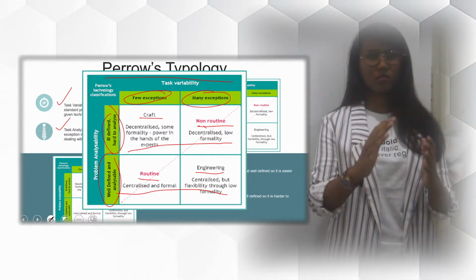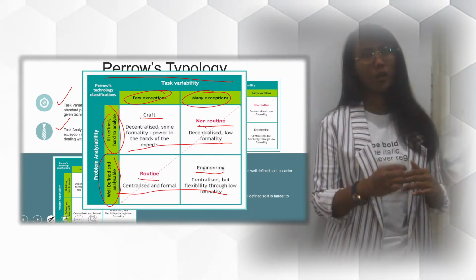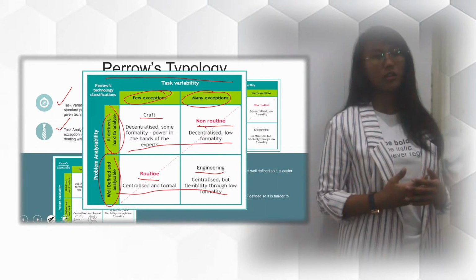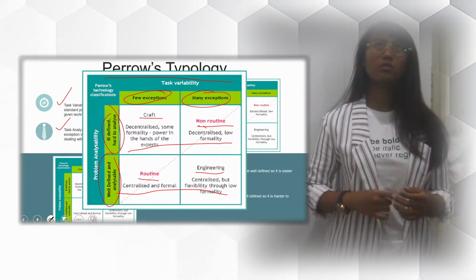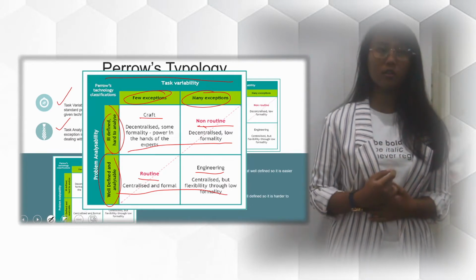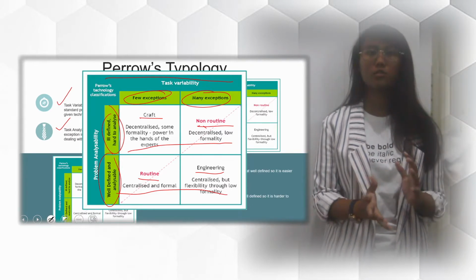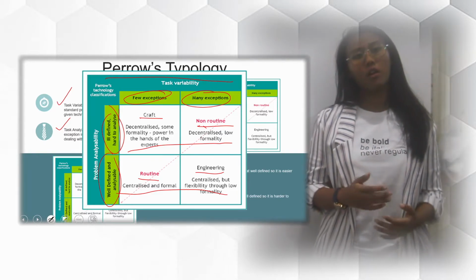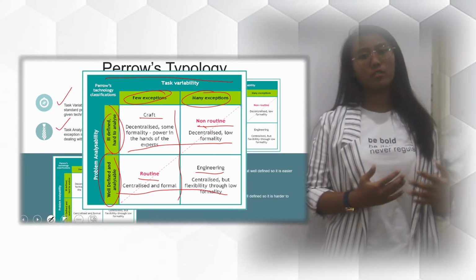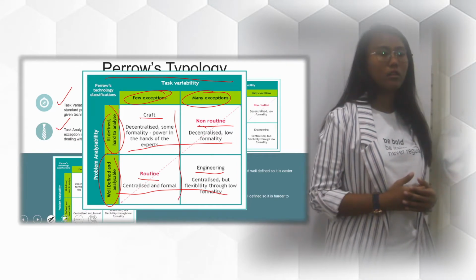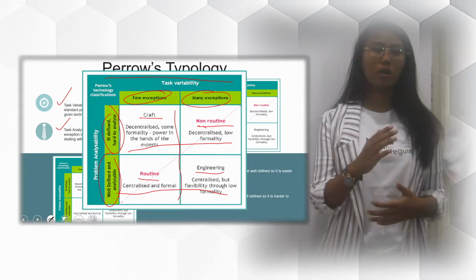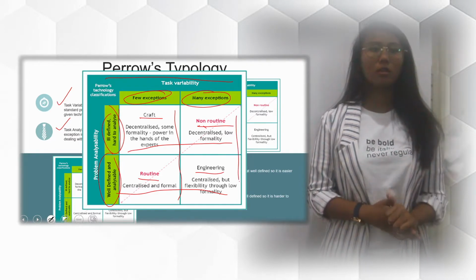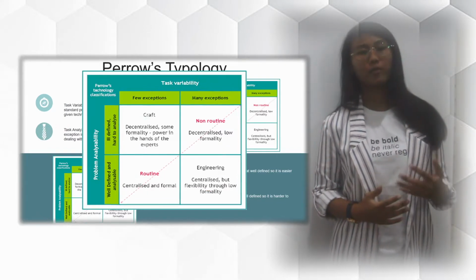So with routine and engineering, when they have a problem, they can solve it just by reading the manual book or something like that. But craft and non-routine use more intuition in their work, so it is more guesswork. Engineering and non-routine have many exceptions because the task is not usual, but routine and craft have few exceptions because the task is common.